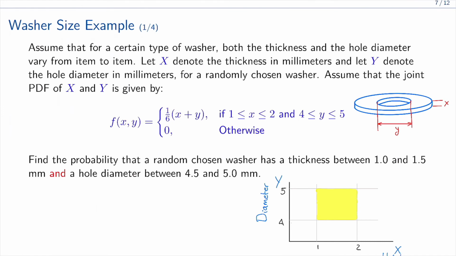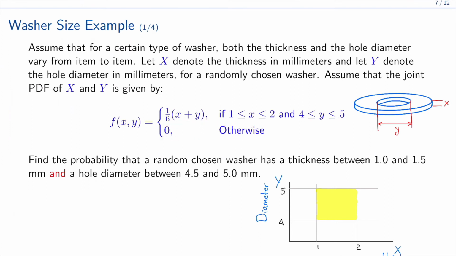When we manufacture the washers, we have a joint probability density function given by f of x y equals 1/6 of x plus y if x is between 1 and 2 and y is between 4 and 5, and 0 otherwise.